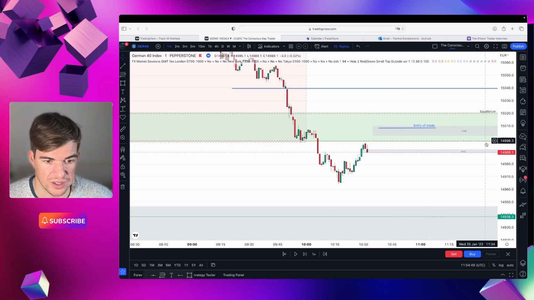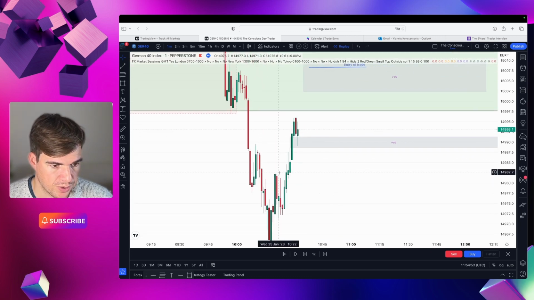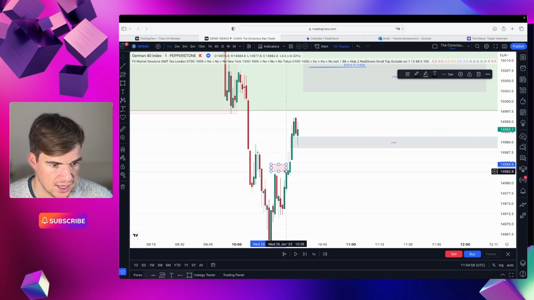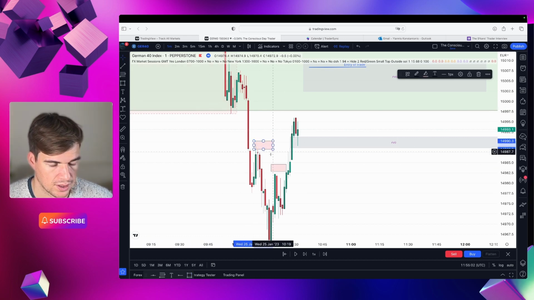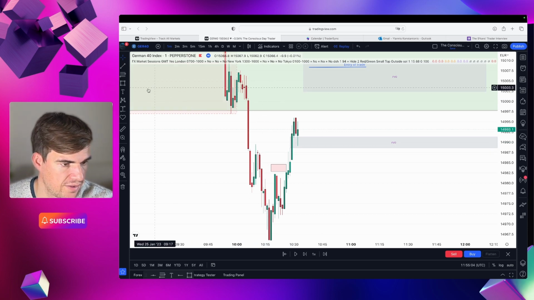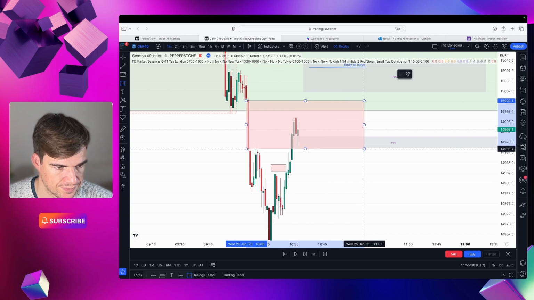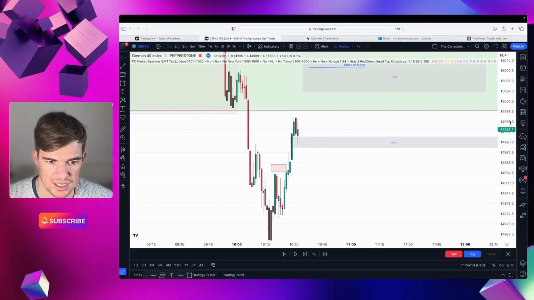So that will be your first opportunity, because what do you have here? You have a break of this structure here of the intermediate high, and a break of this. And now we're in this fair value area here. Okay, so if this was going to continue down, this value is being filled and it would continue down.